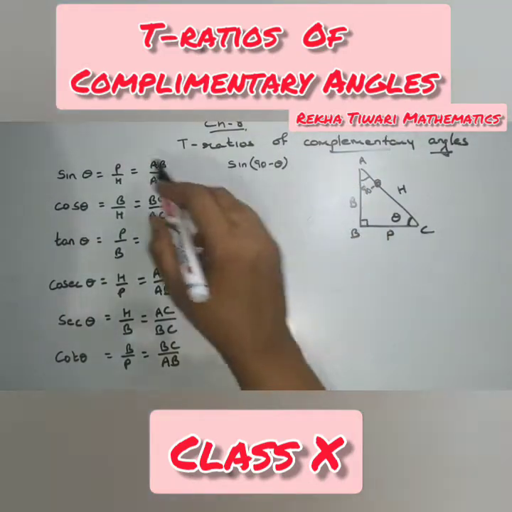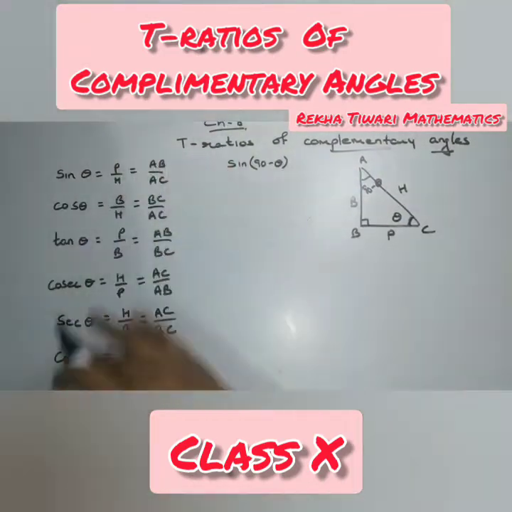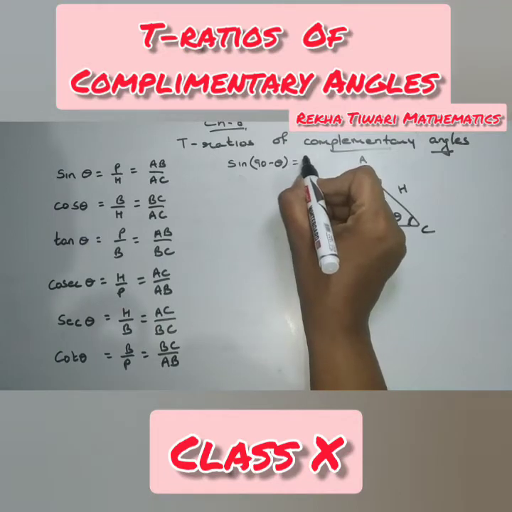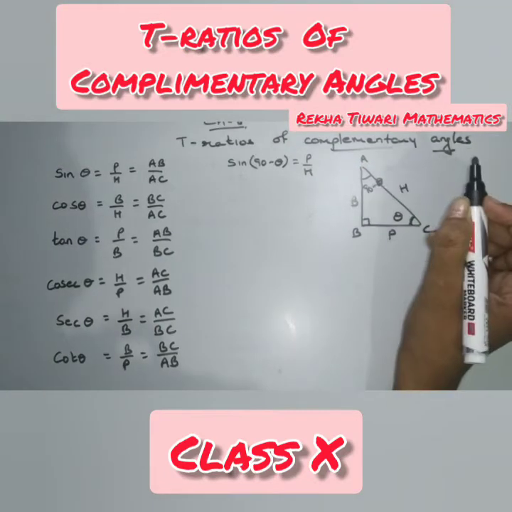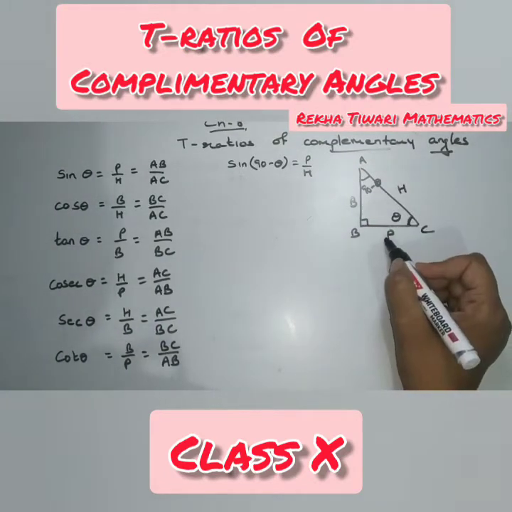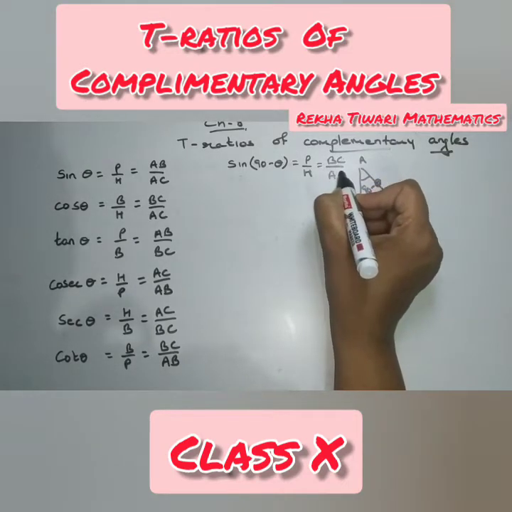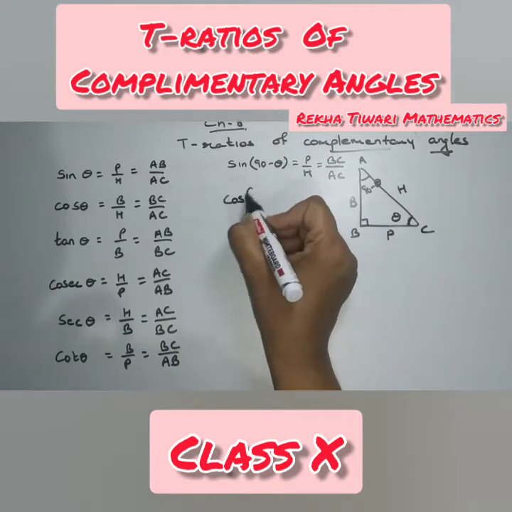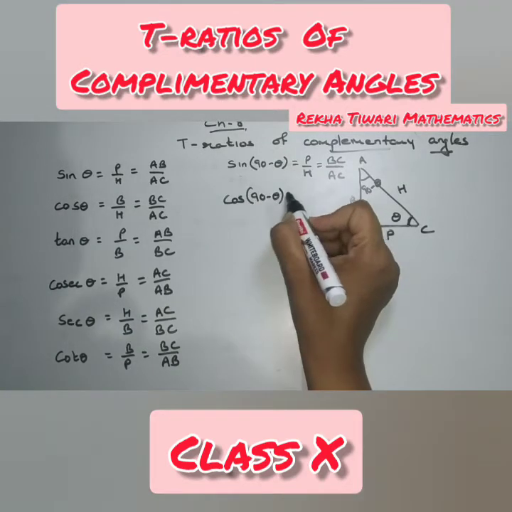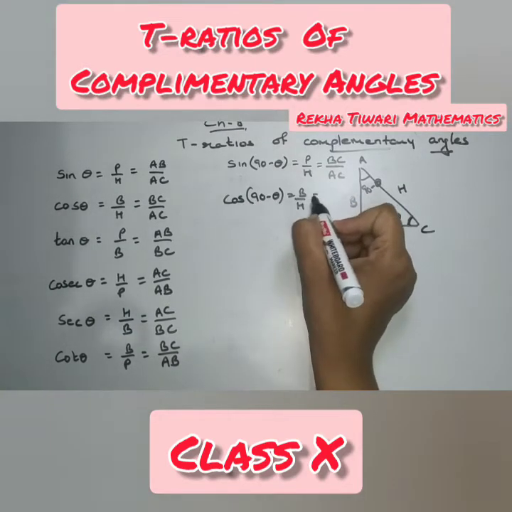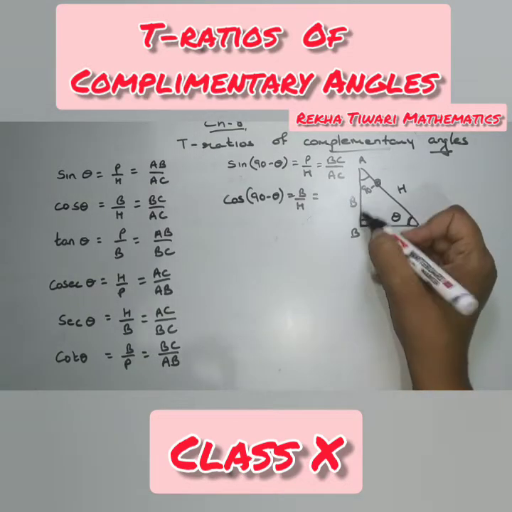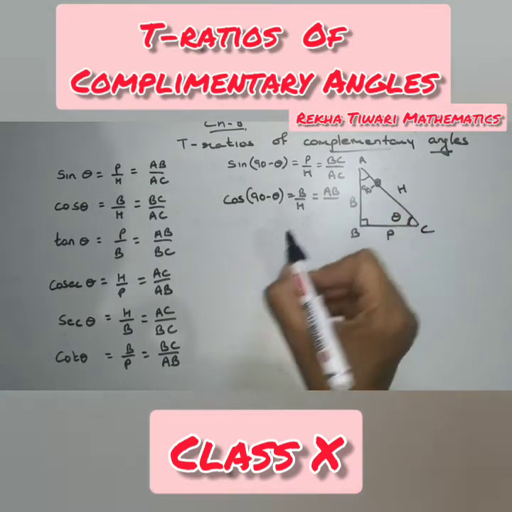Now the same formula we have to use for sin, cos, tan. Sin is P by H, which comes out to be BC by AC. Cos 90 minus theta is B by H. What is the base? AB by AC.